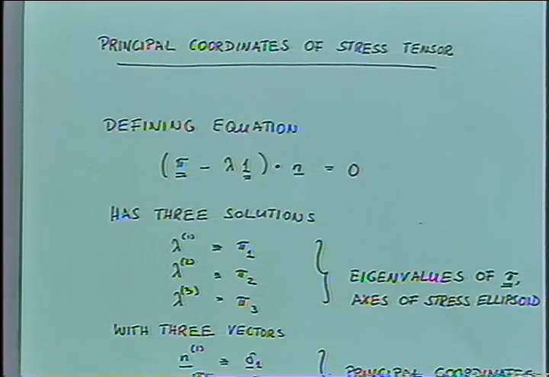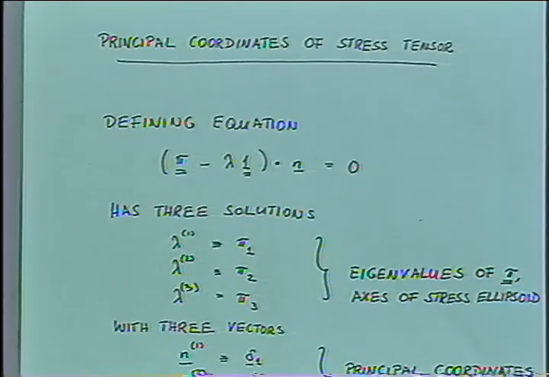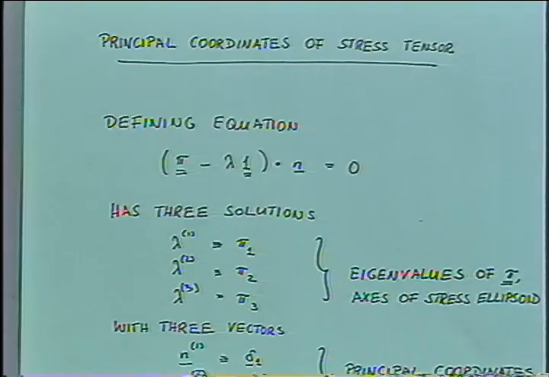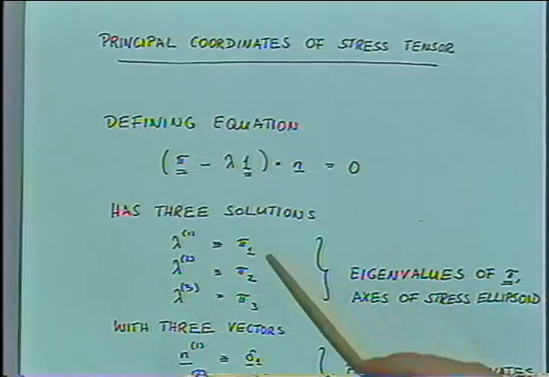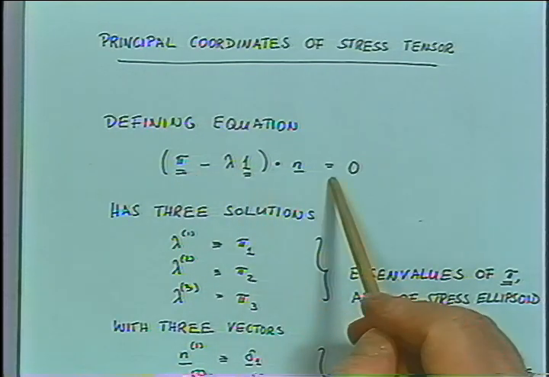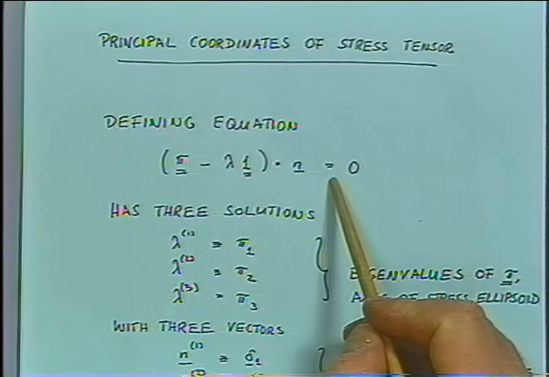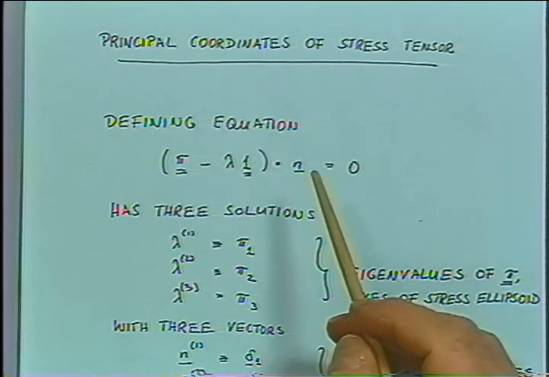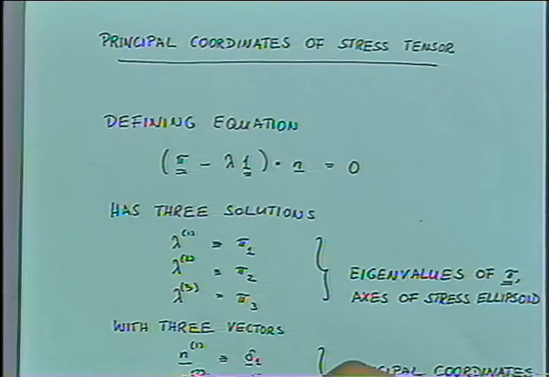Now, in general terms, now this is a new handout which I gave you. In general terms, you could say now that n times P minus lambda times n is equal to 0, in the special case that n is collinear with the principal direction.